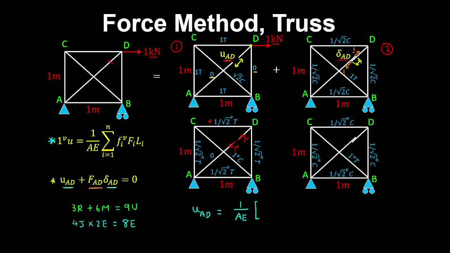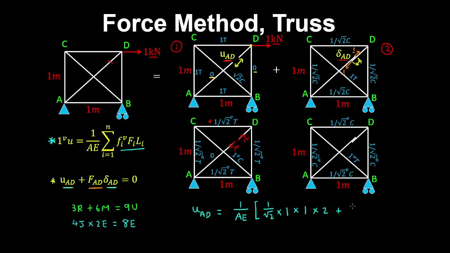And if we look at member AB, we have a virtual force of 1 on root 2 by the real force of 1 kilonewton and by the length of the member, which is 1 meter. And then for member CD, we're going to get the same result, so we just multiply by 2.